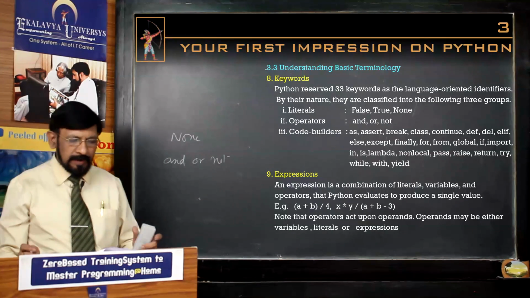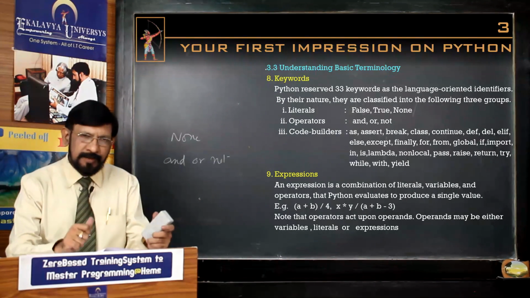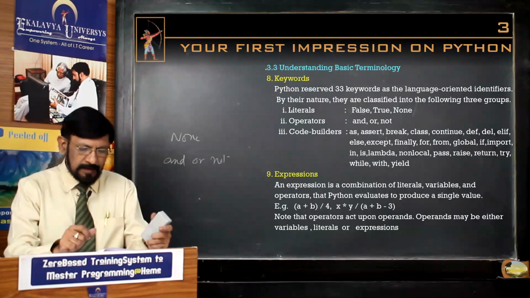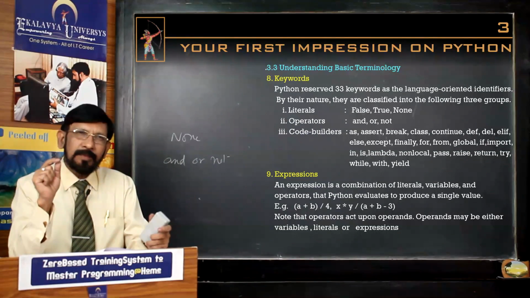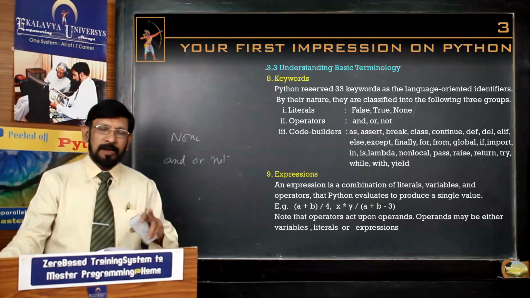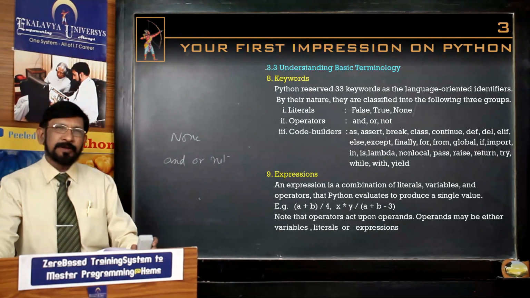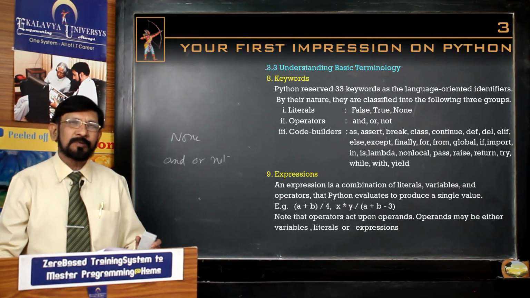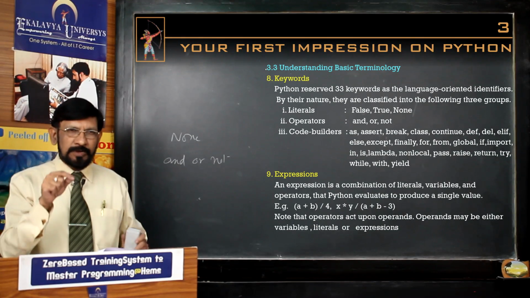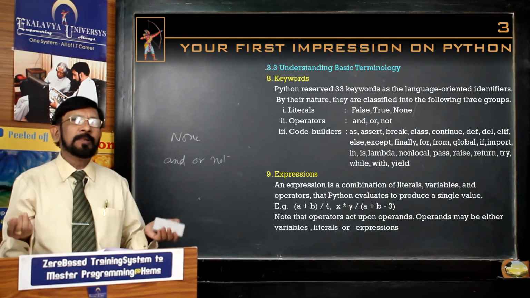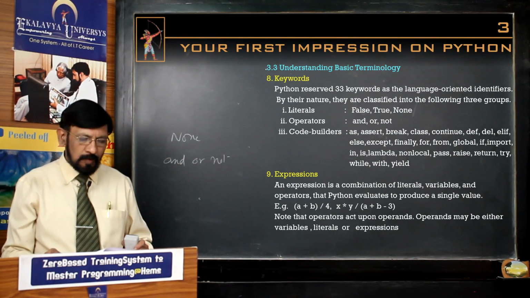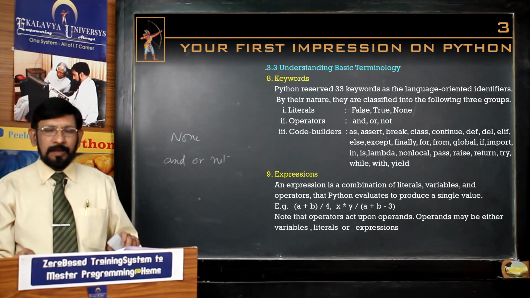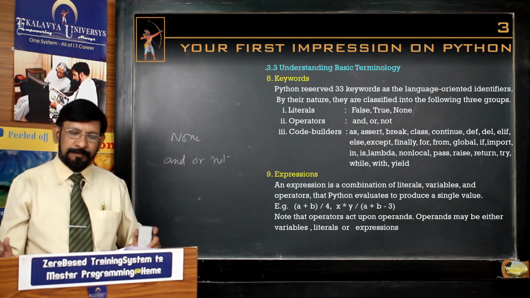Okay, and thereafter many others are there. Now these six are literals and operators. Remaining 27 are code builders. Code builders means using the remaining keywords we build the code. As a part of the code we use them. In that manner you have to understand.